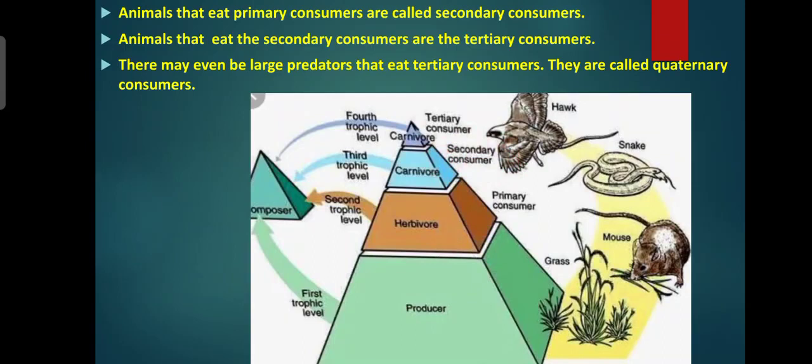Instead of eating plants like primary consumers, the secondary consumers are often referred to as carnivores because they eat meat, and in this case they eat the meat of the primary consumers in the level below them. Secondary consumers include such organisms as snakes, insect-eating birds and frogs.